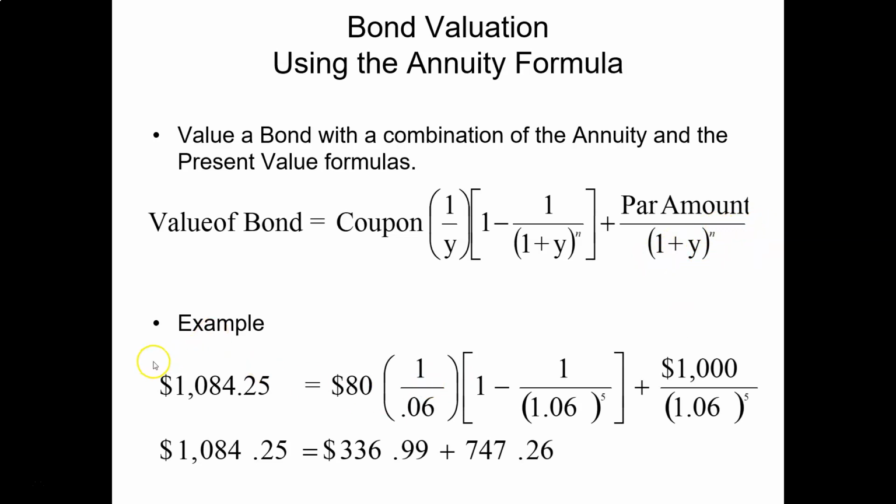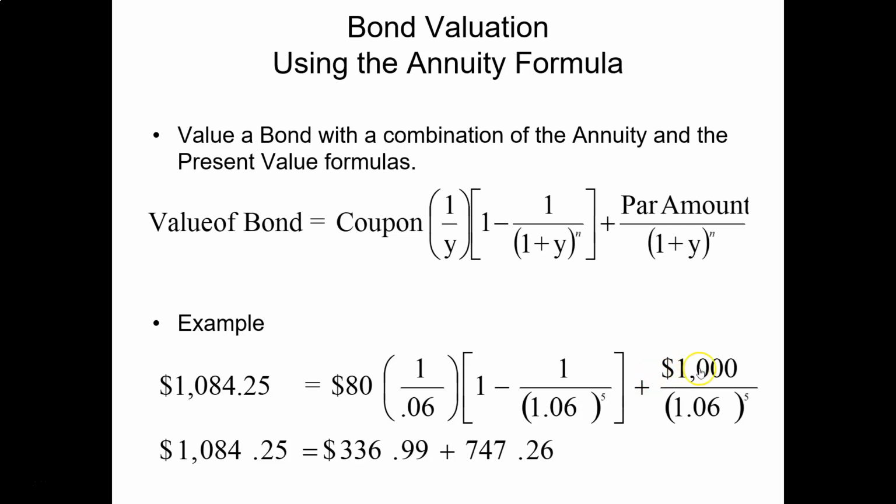In the previous example of discount rate at 6%, for the coupon payment, the present value of this annuity will be the payment $80 multiplied by this present value annuity factor. We use the interest rate 6% and the number of periods of 5 to find the present value annuity factor. We can also calculate the second part of the bond.